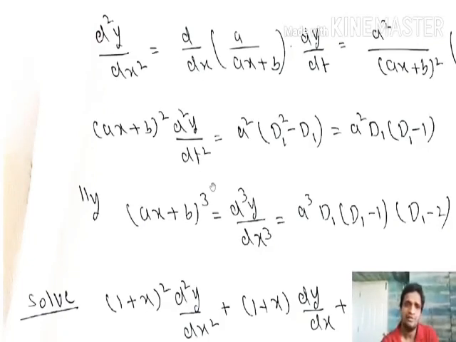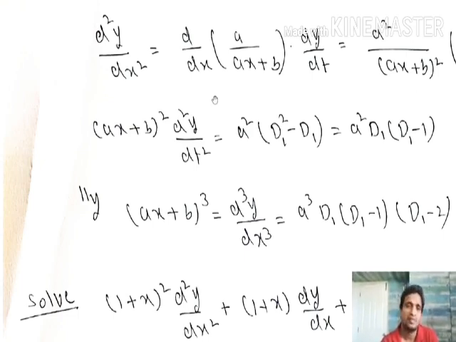Now I am finding d square y by dx square, which is d by dx of dy by dx. Dy by dx we have as a by (ax plus b) into dy by dt. If I simplify this, it becomes a square by (ax plus b) whole square into d square y by dt square minus dy by dt.